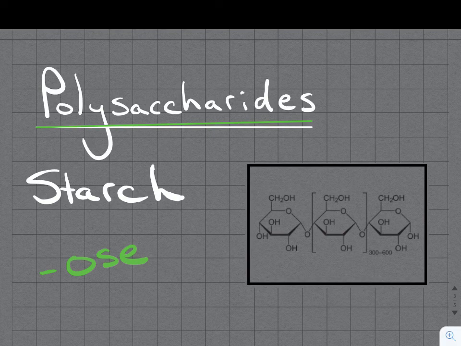Well, where do you find starch? In some of these examples that we said before, like potatoes or bread or pasta. And starch is actually a storage molecule for plants. So if you think about, for example, a potato, well, the glucose that it's forming through photosynthesis, they may not be using it all the time.